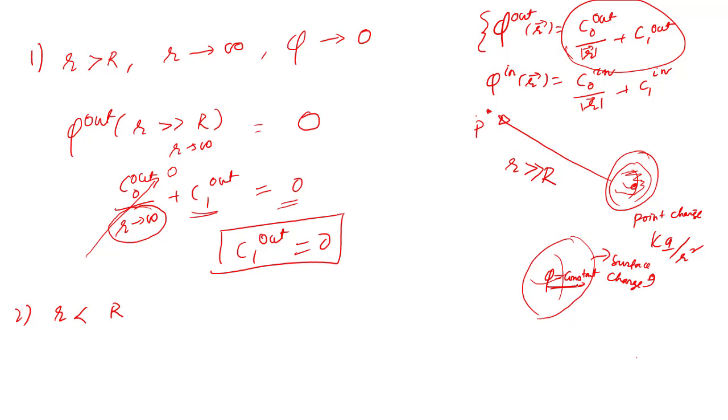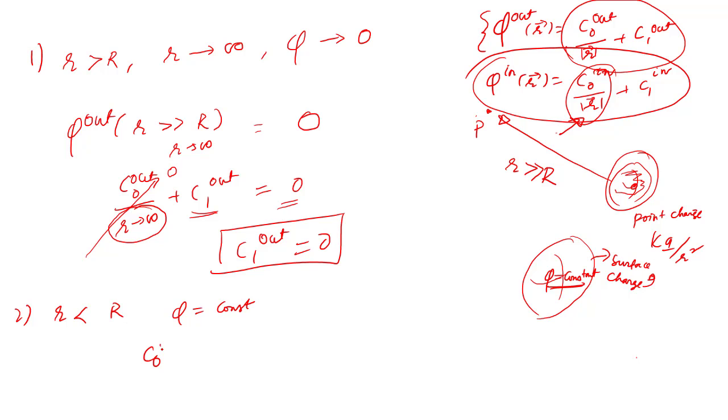If phi inside the conductor is constant, then looking at the expression for phi in, we cannot have this first term, because inside the conductor there is no charge, the electric field is 0, and so the potential is constant, but this term is varying radially, so it has to be 0. So by the condition that phi is constant inside the sphere, C0 in should be 0, right?